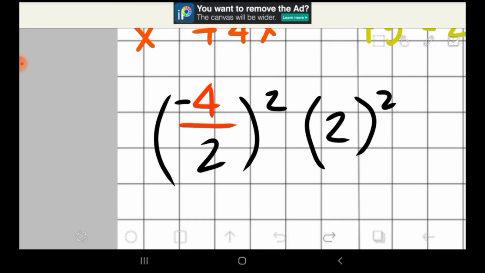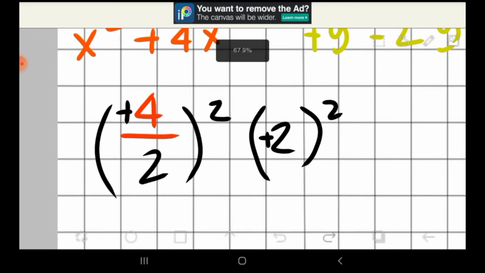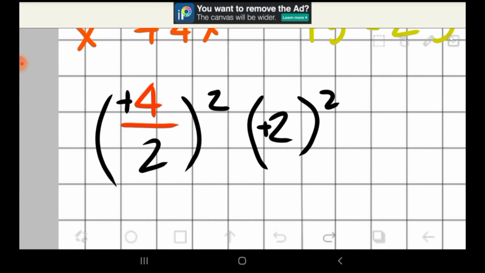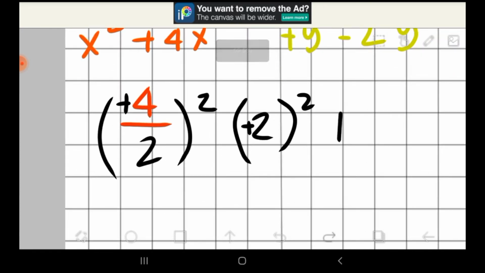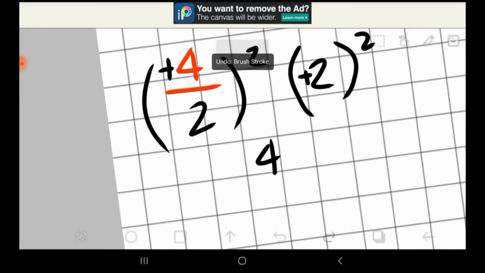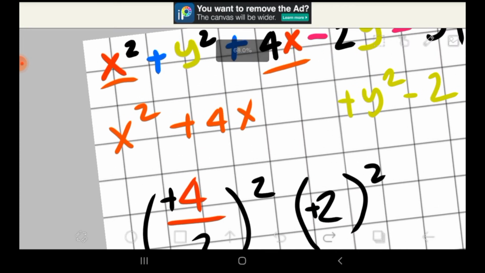Remember that this is positive. So 2 times 2 is 4. So the answer is 4. So we can finally add 4 here. This is the constant of x-axis.